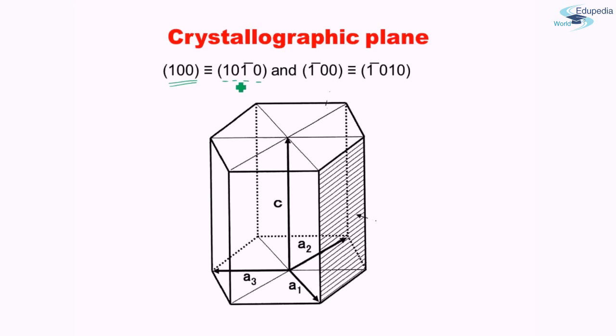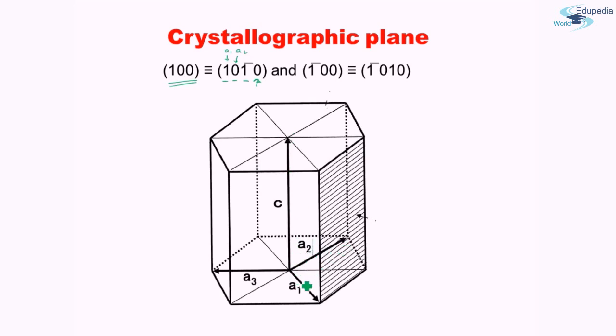Drawing a plane from Miller indices is quite simple for hexagonal. This is A1, this is A2. So you go 1 unit in the A1 direction and parallel to A2, right? And in the third direction, that is the C direction, also parallel to C. Therefore, we have to be parallel to the C axis, and parallel to the A2 axis.